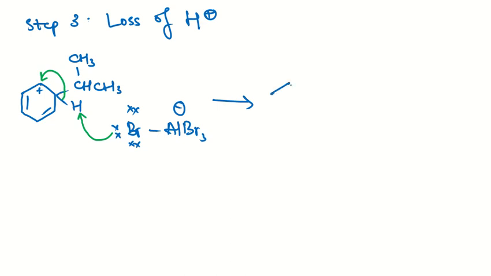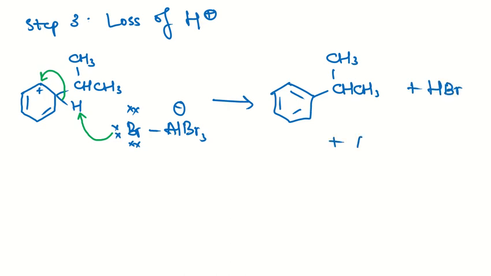So first, we will get the isopropyl benzene product plus HBr as the side product plus AlBr3 as the regenerated catalyst. So that's for question number 5.